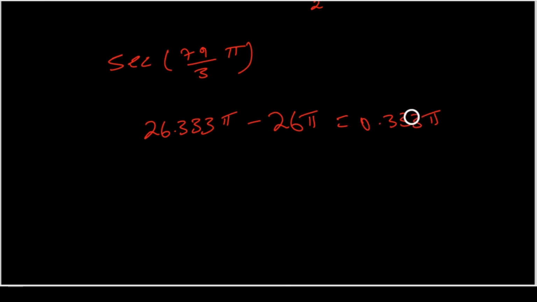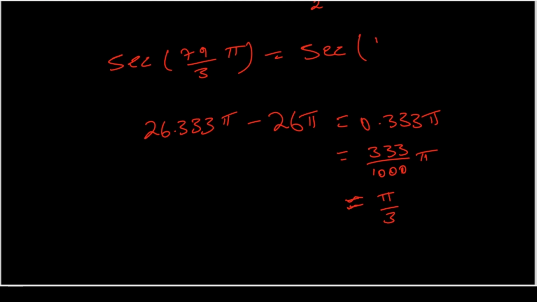Now 0.333, when it is simplified, means 333 over 1000 pi. When we simplify this, we approximately get pi over 3. So secant of 79 pi over 3 is also equal to secant of pi over 3.